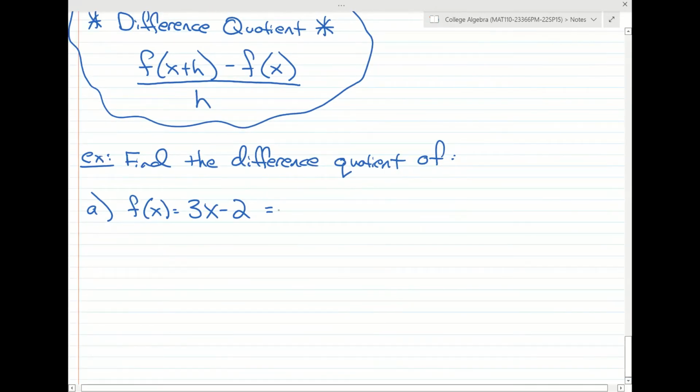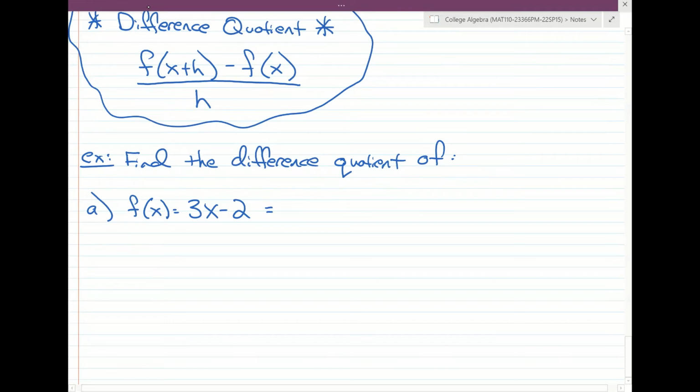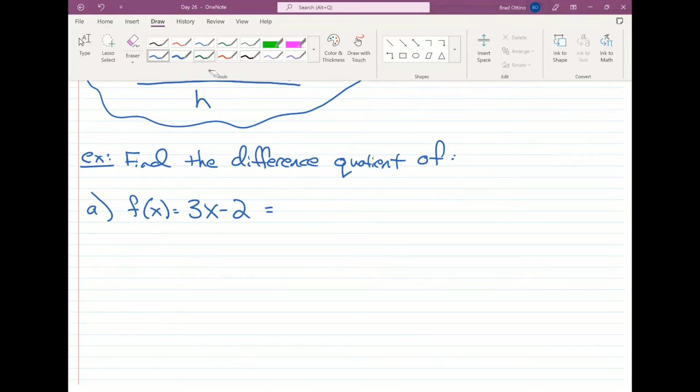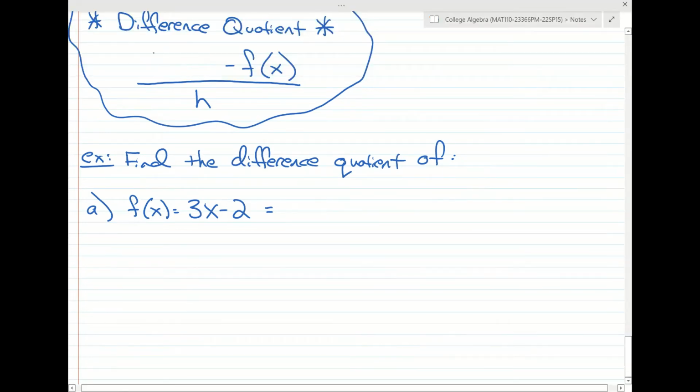Well, there are 3 things we have to do here. First thing we have to figure out is what's f of x plus h. What that means is we're going to plug x plus h in for x, right here. So instead of 3x minus 2, it's going to be 3 times x plus h minus 2.